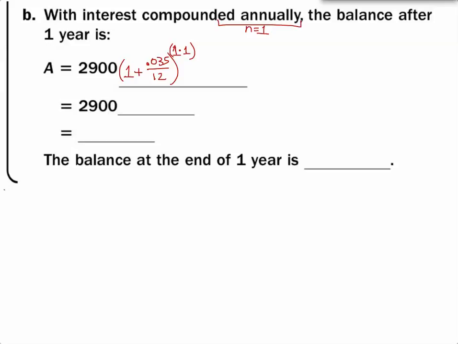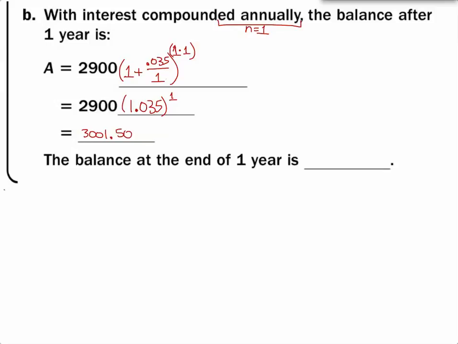Oh, you know what? I made a mistake. The denominator here should not be 12. It should be 1 because it's compounding once. On to the next line. 2,900 times 1.035 to the 1, and that gives us about 3,001.50.